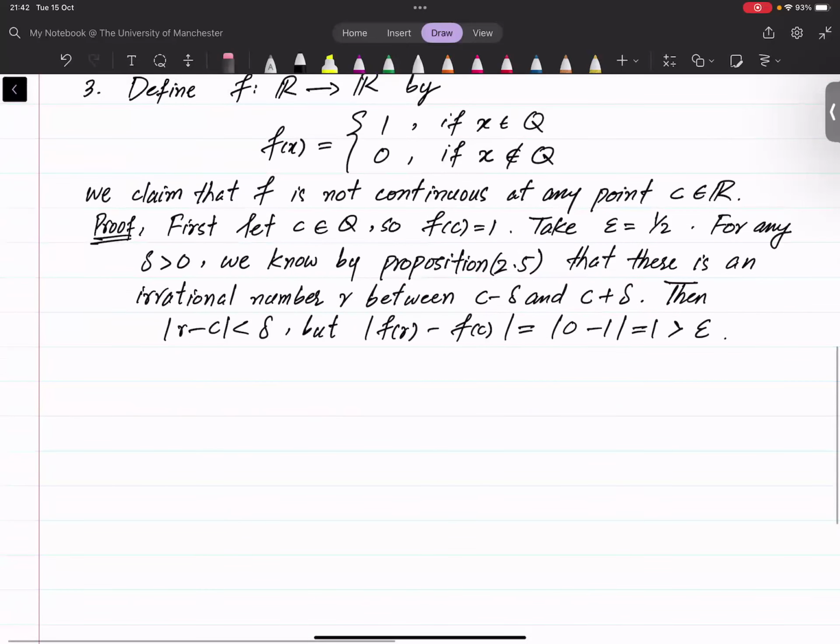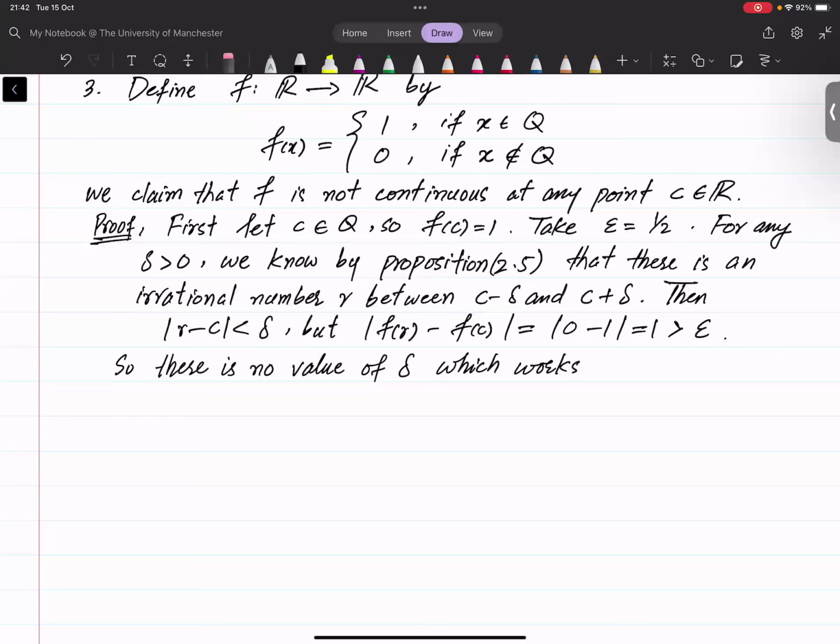So there is no value of delta which works for epsilon equal to 1/2, showing that f is not continuous at c.